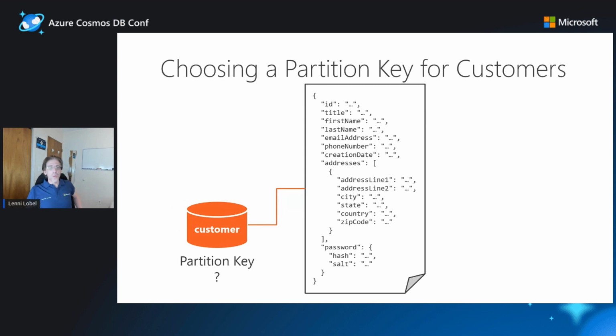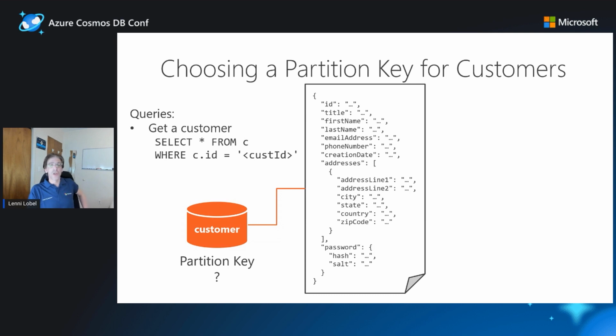Well, the way that you come up with the right partition key is you need to really understand the most common querying patterns. You need to understand how your application is going to most frequently query your data, how your users are going to most frequently query your data. And again, sticking with this scenario of a customer-facing e-commerce website, the most common query is that a customer is going to want to retrieve information about their profile information, which is their name, all their addresses, their password, perhaps for rendering on a profile page.